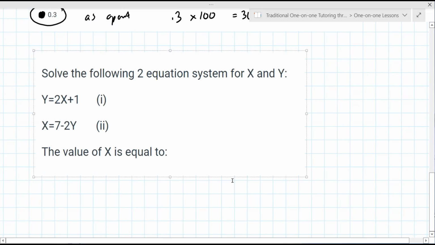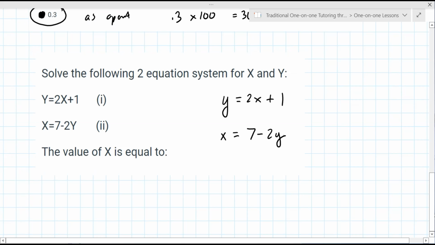All right, so you've got a system of equations. I'm going to write them nicely. y equals 2x plus 1, and then x equals 7 minus 2y. There are a couple of approaches to solving a system of equations. Because it's solved for x already here, you want to use substitution.